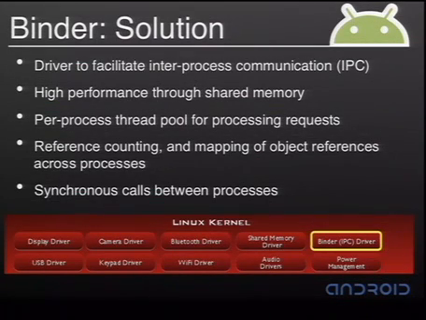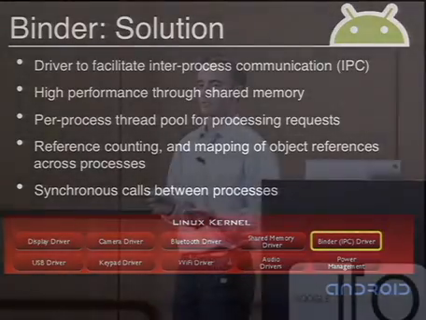The Binder driver manages a per-process thread pool for processing requests, so that services which are registered as Binder services or IPC servers don't need to worry about all the different threads to start up and manage to receive incoming requests. The Binder driver handles that for you. And it has reference counting and mapping of object references so that objects passed between an application and a service are tracked and can be cleaned up afterwards when neither process is using them anymore.